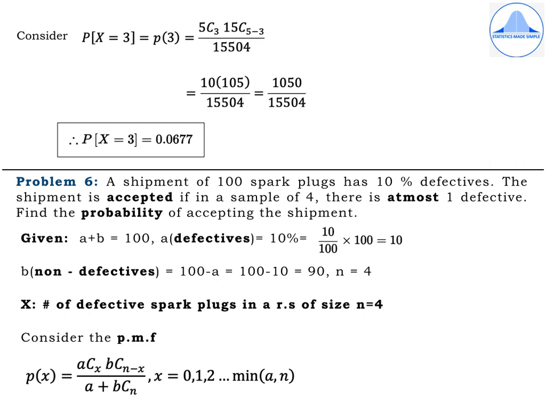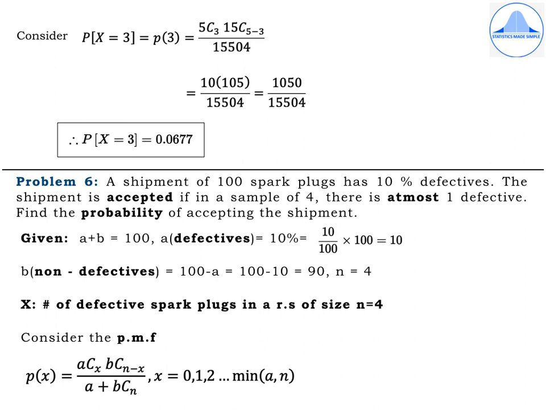So understand that the probability which is asked is related to defectives. So when we define A, it will be related to the number of defective spark plugs, and B will be the number of non-defective spark plugs. Let's write the given part now.